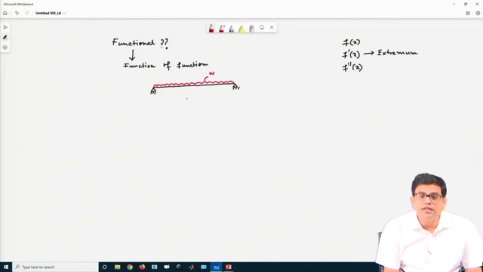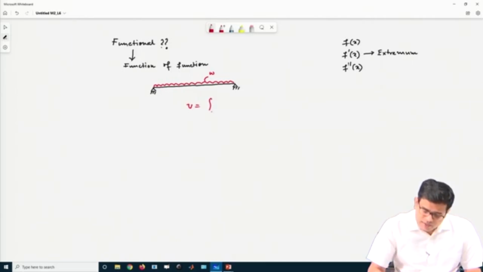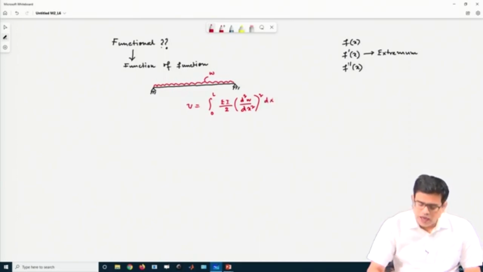Now if I ask you the strain energy of this beam, all of you can find it very easily. The strain energy of this beam is the integral from 0 to L of EI by 2 times (d2w by dx2) whole squared dx. How do we get this?